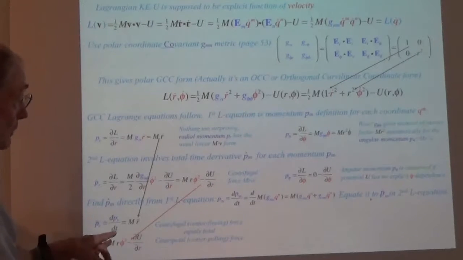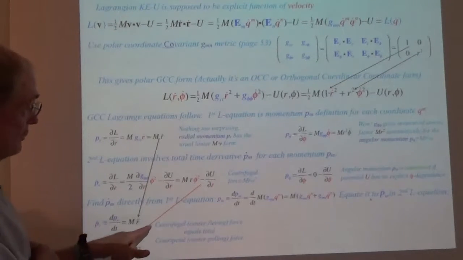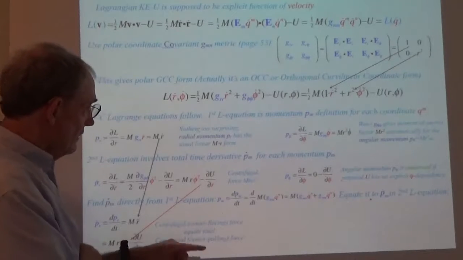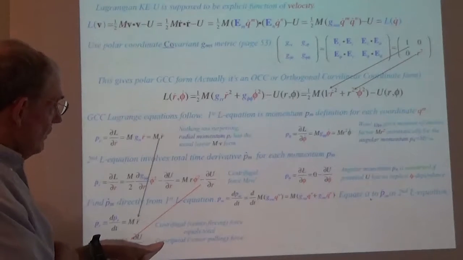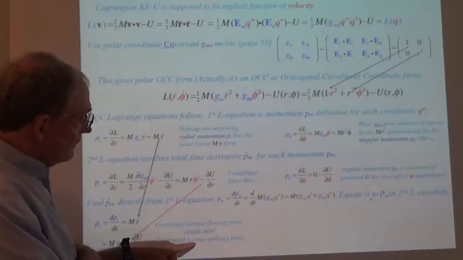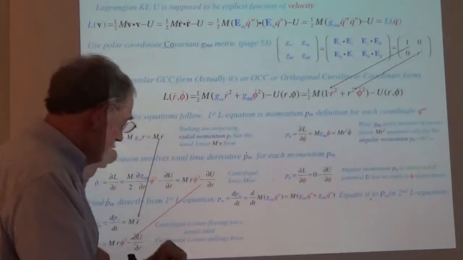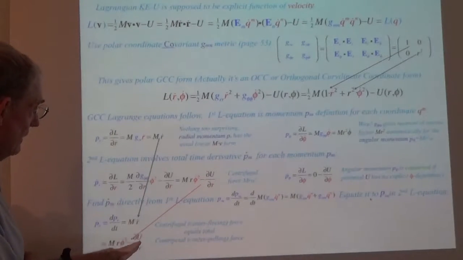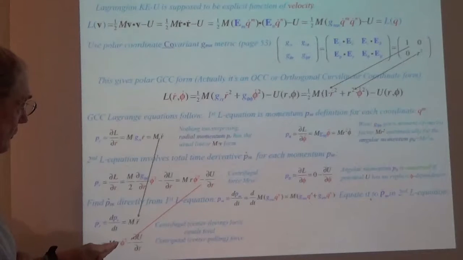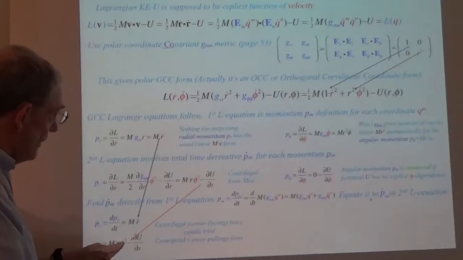Okay, so here we really are saying that the centrifugal, that center fleeing force, equals the total centripetal, that center pulling force, and that's this guy right here. Here's your centrifugal fleeing. That's a fleeing force.